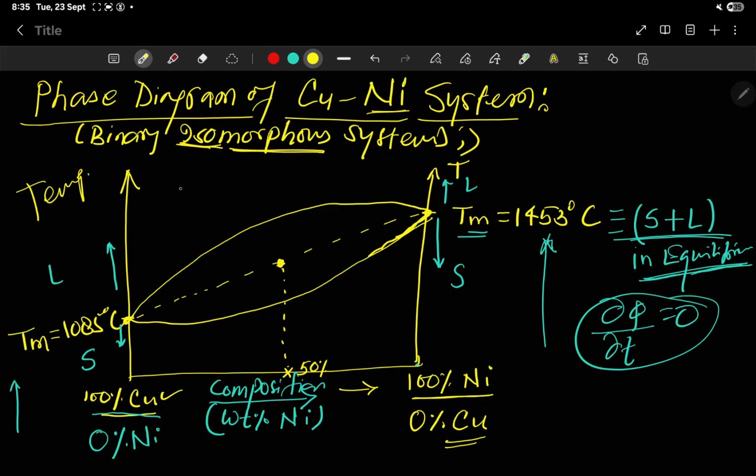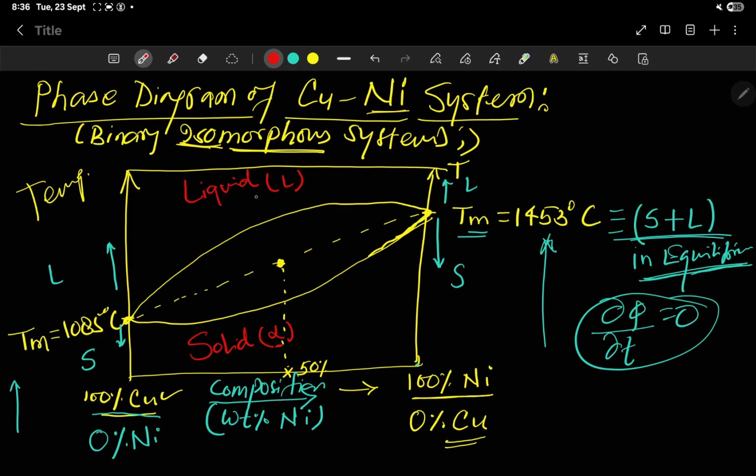Okay, so this region will be liquid, this region will be solid, and this region will be solid, this region will be liquid. Liquid we denote by L, and solid we denote by alpha, as we have learned earlier that solid phases are denoted by Greek letters.